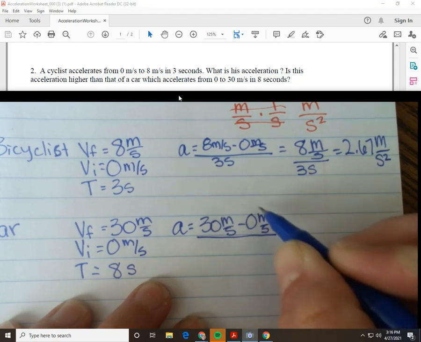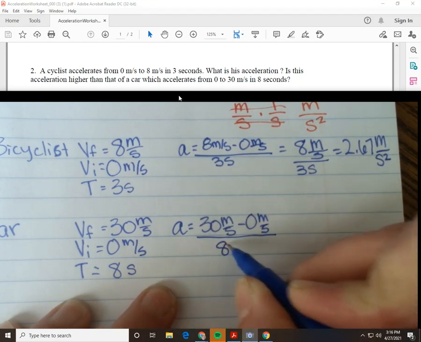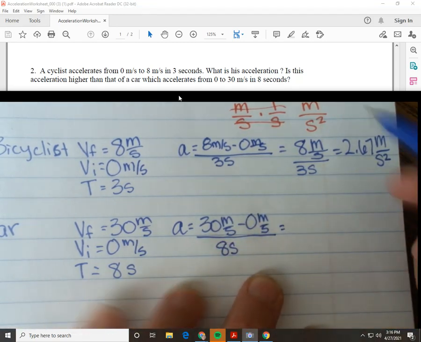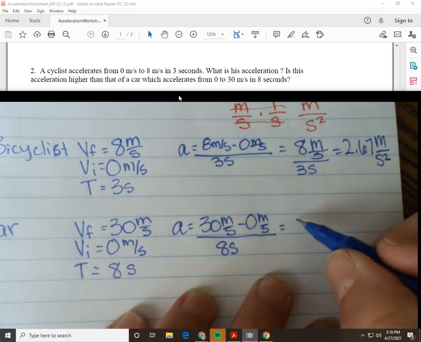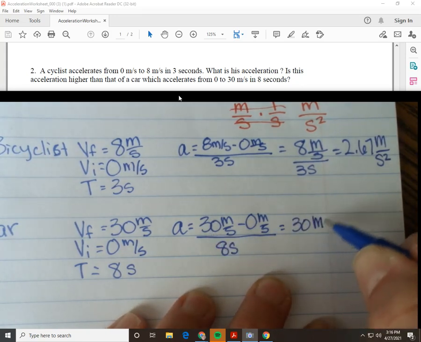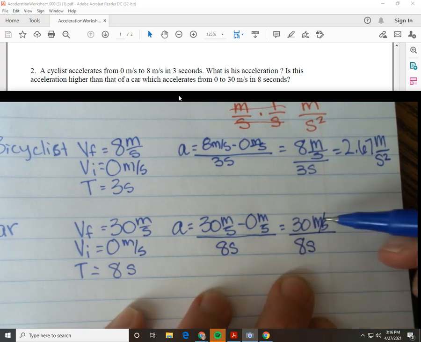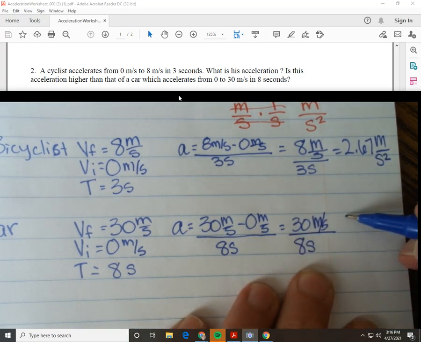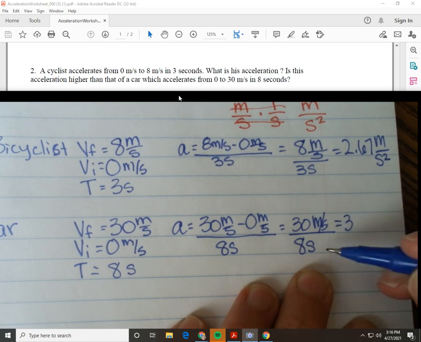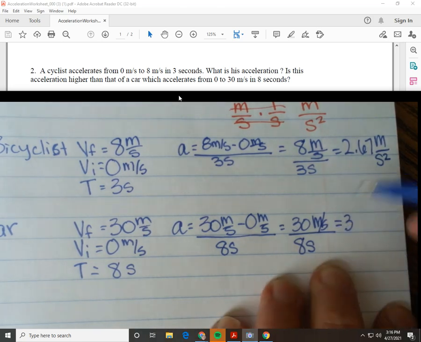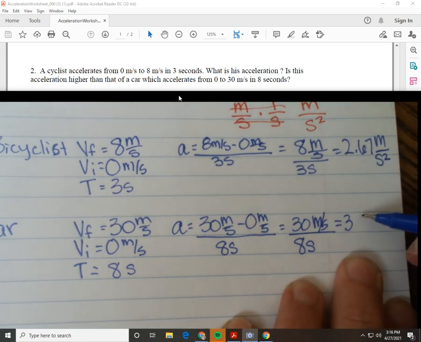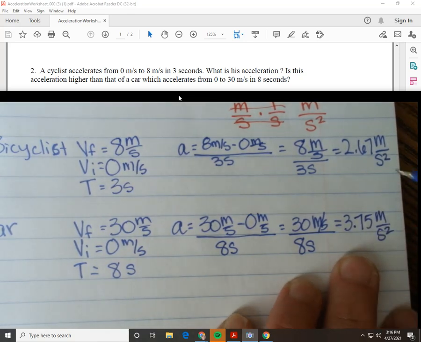So again, we could probably leave out this part of the calculation, but we want to have plenty of clarity. And so we're going to say 30 minus 0 is 30. And so we would get 3 and 6/8, which is 3/4, 0.75 meters per second squared.